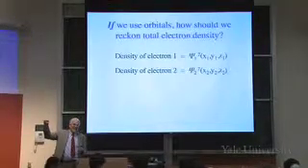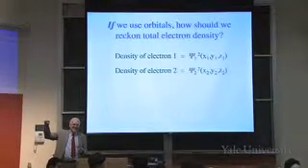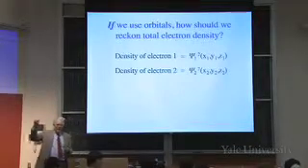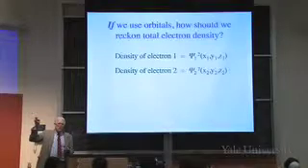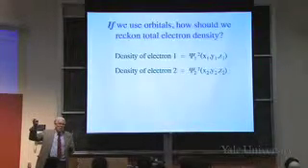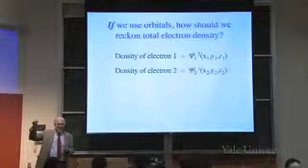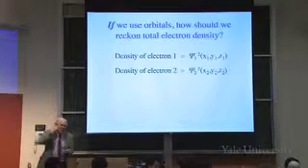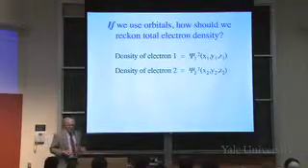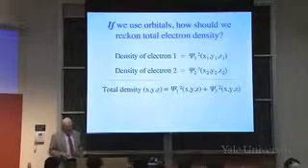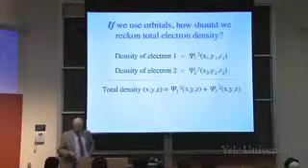Ilana? If you know how much of electron 1 is there, and you know how much of electron 2 is there, how much total electron density is there? How would you get it? Yeah, add them together. The whole is the sum of its parts. Okay, so the total density is the sum of those two squared wave functions.